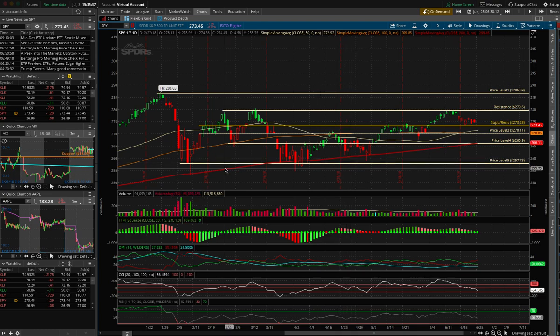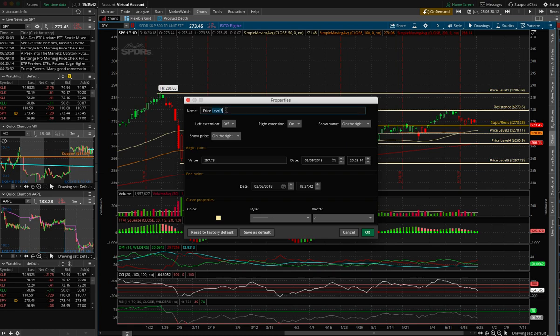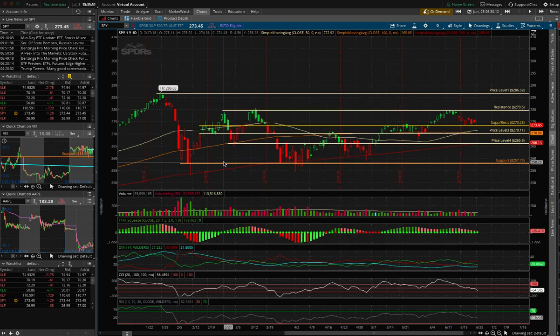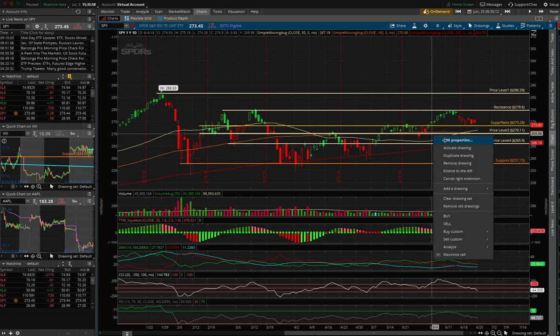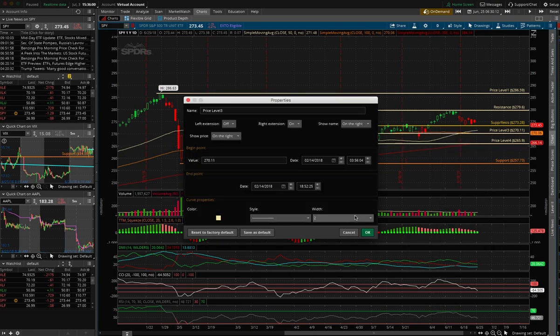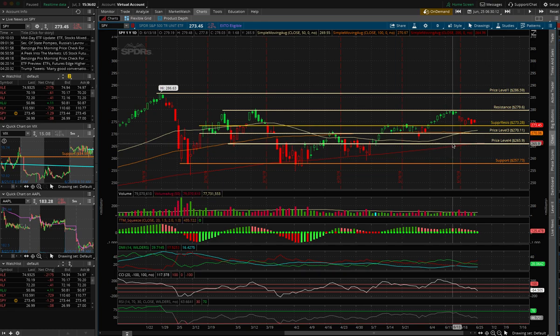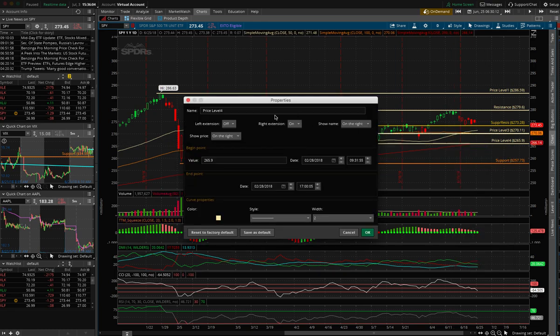Down here, price never got below it, so this is just support.